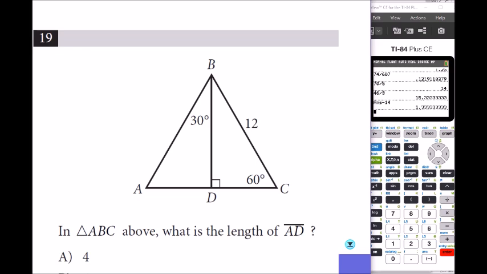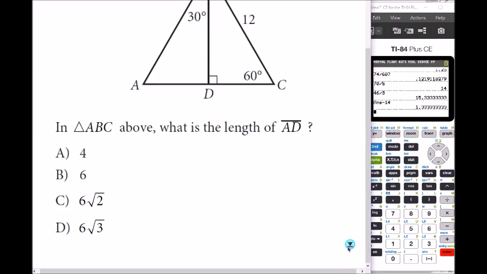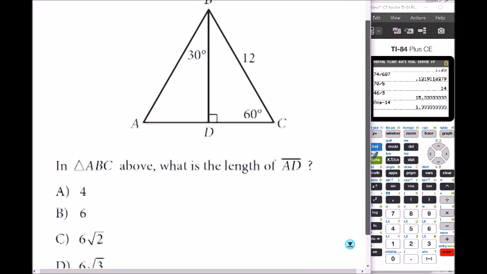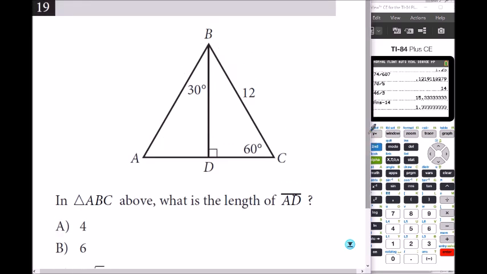19. In triangle ABC above, what is the length of AD? AD. So here I have, so this is 60 degrees and this is our 12. So you can find the ratio, or if you don't remember, in the front of the page they give you a picture like this.